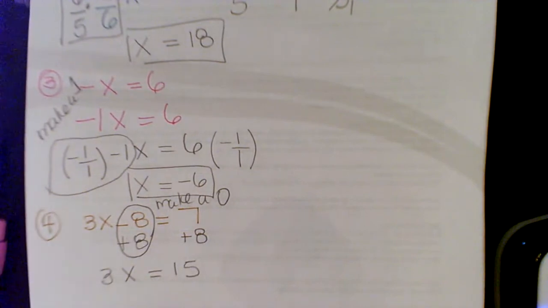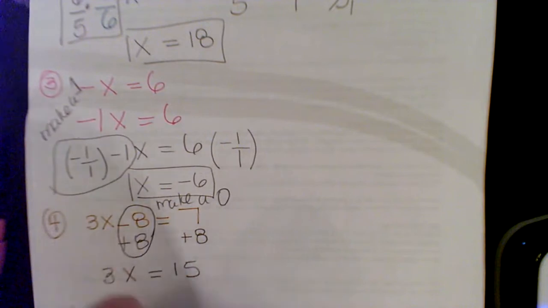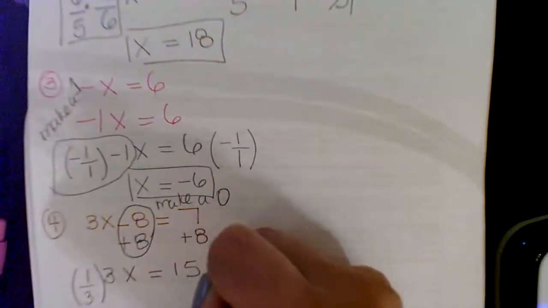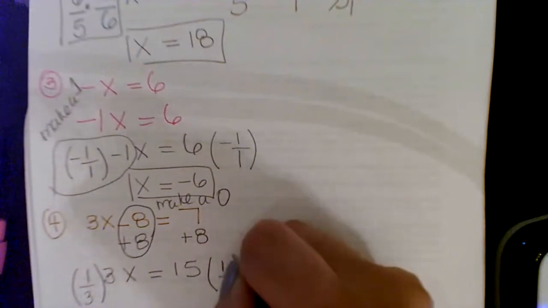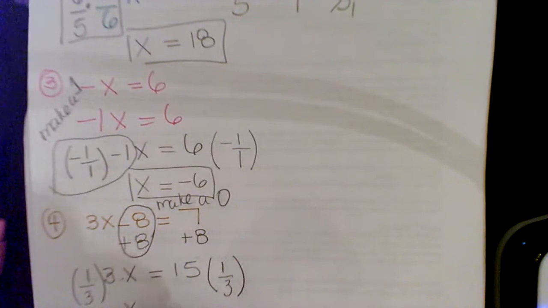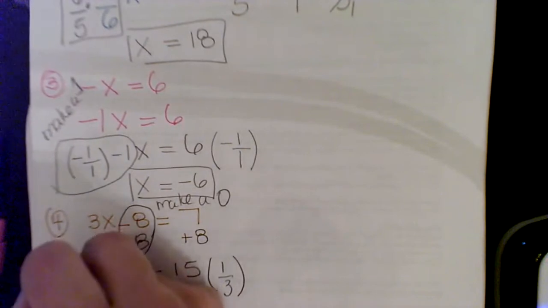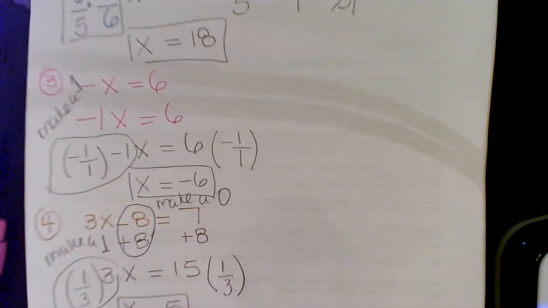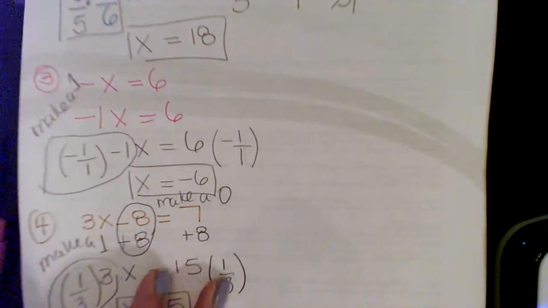Now, what are we doing? We're going to make a 1. We're multiplying by the reciprocal on both sides of the equation. So what do I have here? x. And over here, 5. I'm making a 1. Okay.